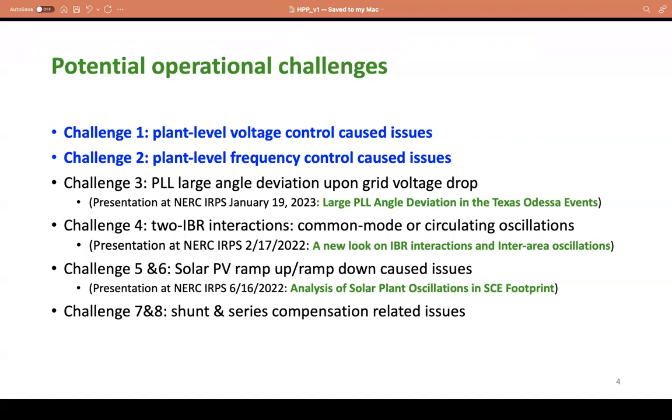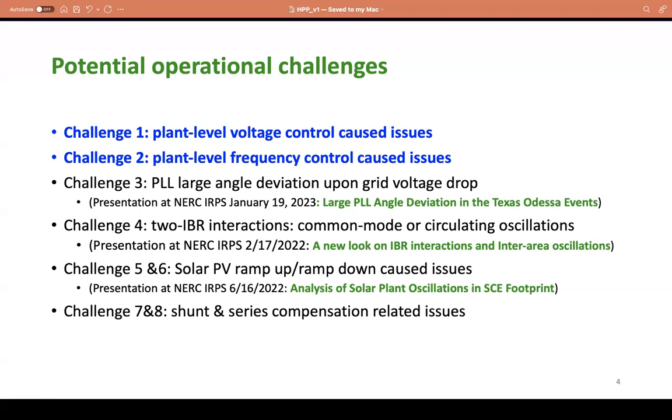Challenge 4 is about two inverter interaction. Whenever you have parallel inverters, if they are not designed very well, common mode or circulating oscillations can be seen. The solar PV ramp down, ramp up, ramp down issue could be delay caused, but there can also be other reasons. However, the one that has been discussed is the delay caused one.